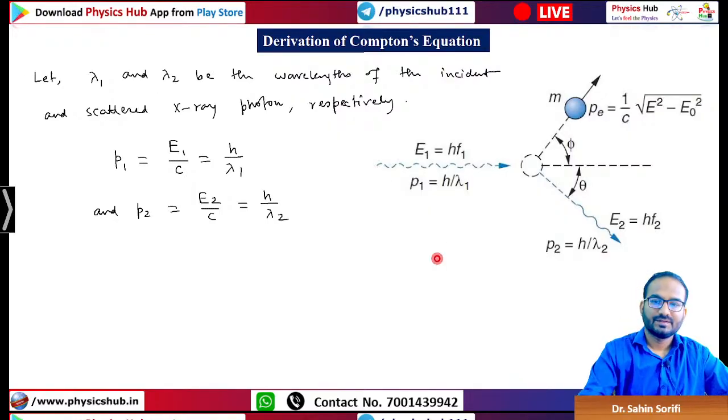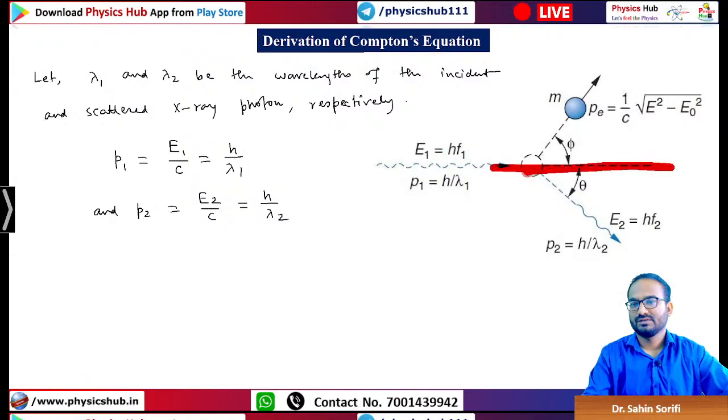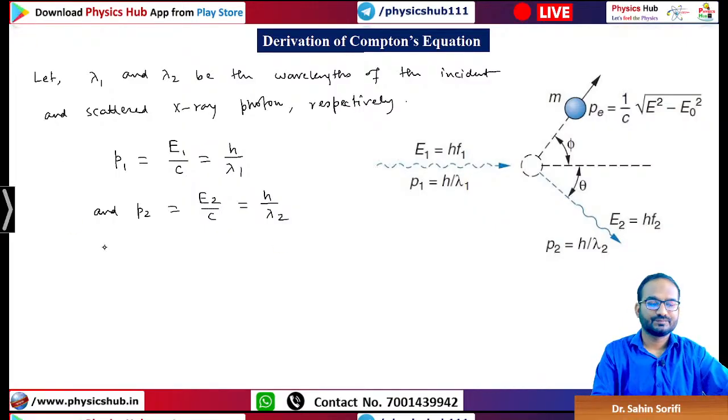The photon was supposed to travel in this original direction, but it is going in this direction instead. This deviation from the original direction is the scattering, and the corresponding angle is the scattering angle. So we can use conservation of momentum here.